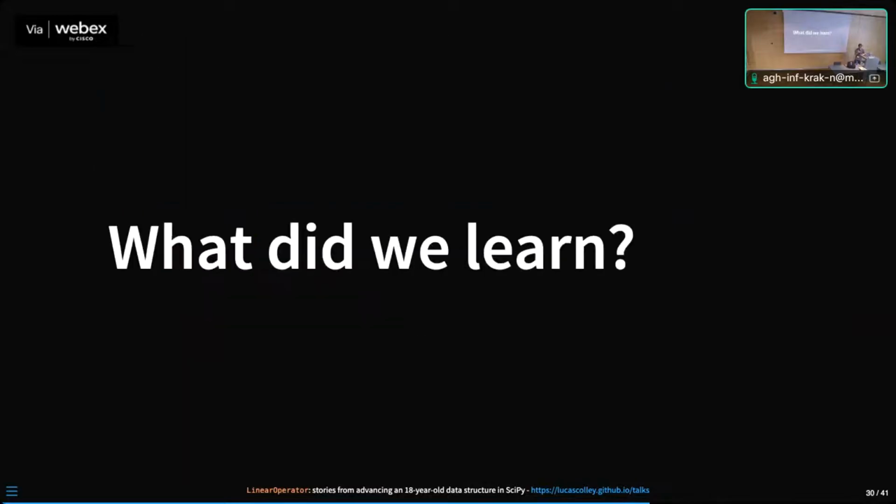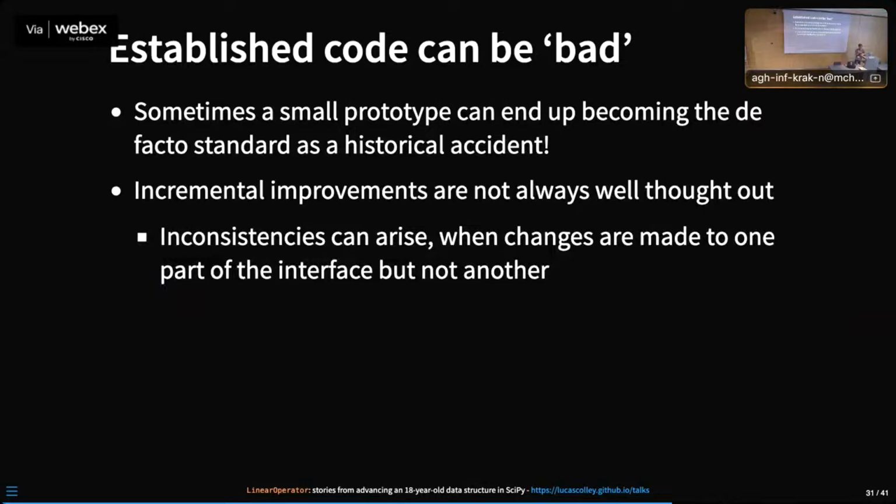Okay, what did we learn from this? Well, the first thing is that established code can be bad. That doesn't mean that it's not useful code. That doesn't mean that it's not still very good for the world or been very helpful to a lot of people. But established code that's in SciPy or that people have been using for 20 years can be unloved.